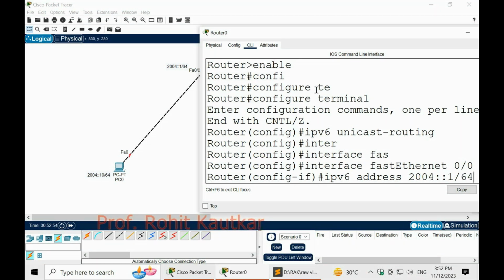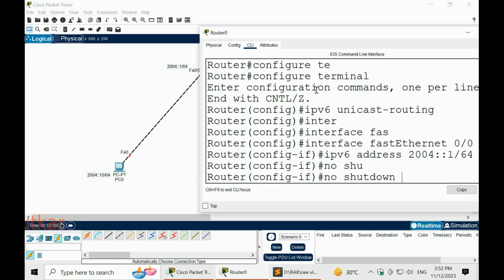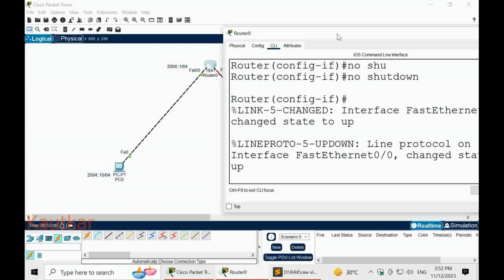So hit enter after this, and after that I will type no shutdown. So it will ensure the interface is running and it is up. So hit enter. Now you can see this interface is up now and it is running.